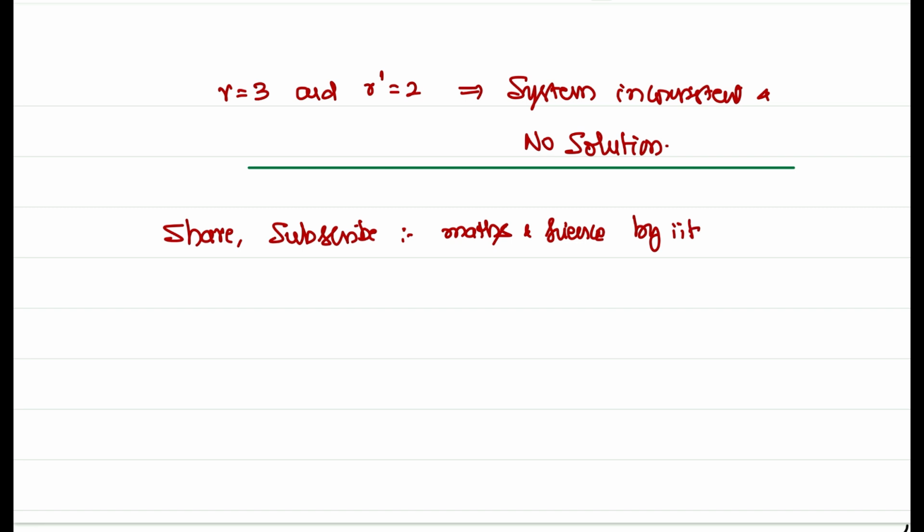This type of questions which are critical for JEE Advanced, Maths Olympiad and JEE Mains, I will be going on giving as and when I complete the syllabus. At present, we are in linear algebra.